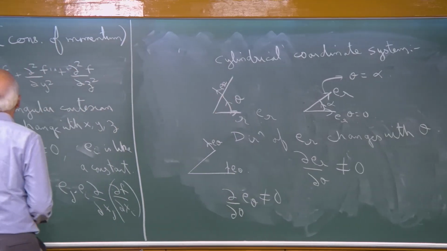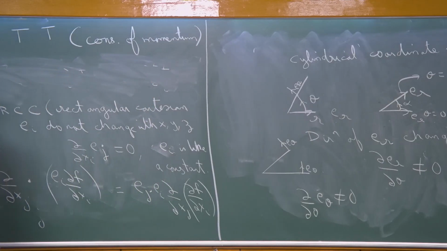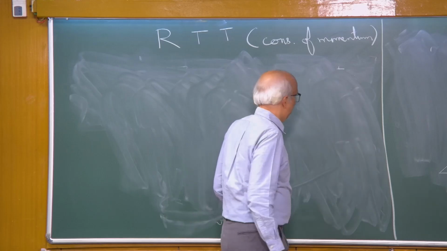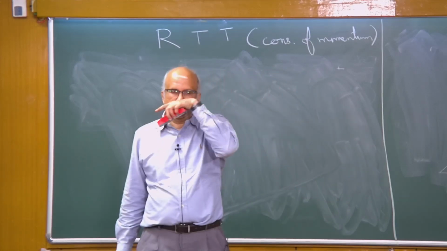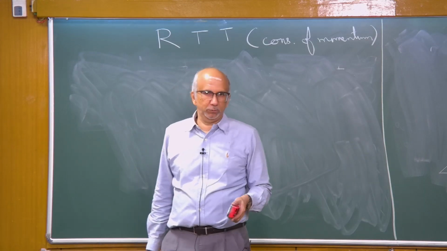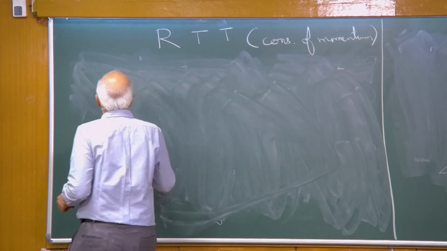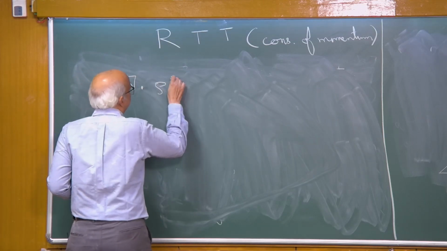We will do these examples and then it will become clear. We started by motivating this whole thing by saying we have to look at the del dot rho v term, so let us go back to the del dot rho v term which came in your Navier-Stokes equations.